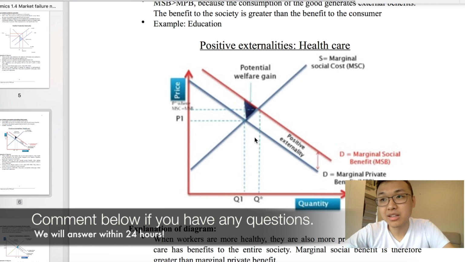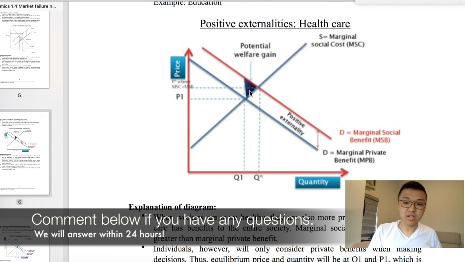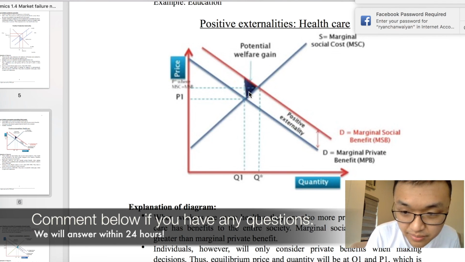So that's why we say there's underconsumption in the free market. For these underconsumed units, we can see that the MSB is higher than the MSC. The MSB curve is higher than the MSC curve. So for all of these units, the social benefit is higher than the social cost. But these units weren't produced. That's why we say there's a potential welfare gain. If these units were produced, there would be a welfare gain because the social benefit exceeds the social cost.